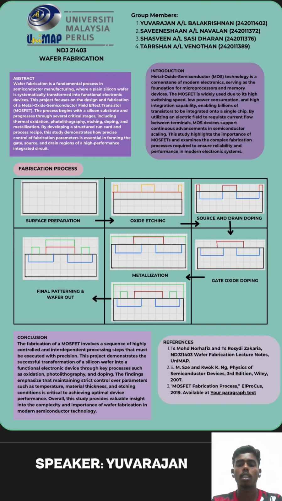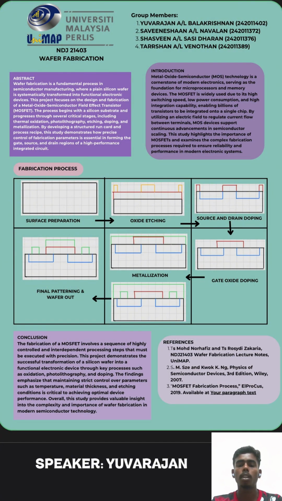Next is gate oxide and gate formation. A very thin oxide layer is grown, followed by the formation of the gate structure. This gate controls the flow of current between the source and drain using an electric field, making it a key part of MOSFET operation. Then we move to metallization.